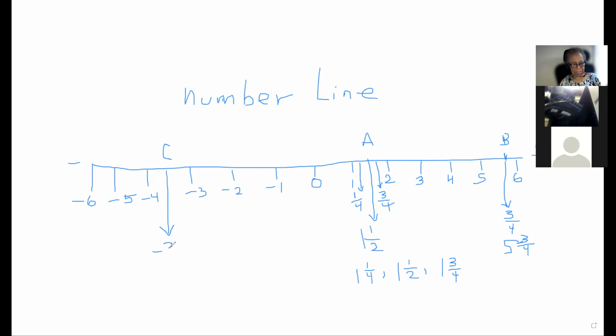What would you call the fraction? Between -3 and -4, that's about a half, isn't it? -3 is the whole number, and between the 3 and the 4, I'm about 1/2. So that would be -3 and 1/2.